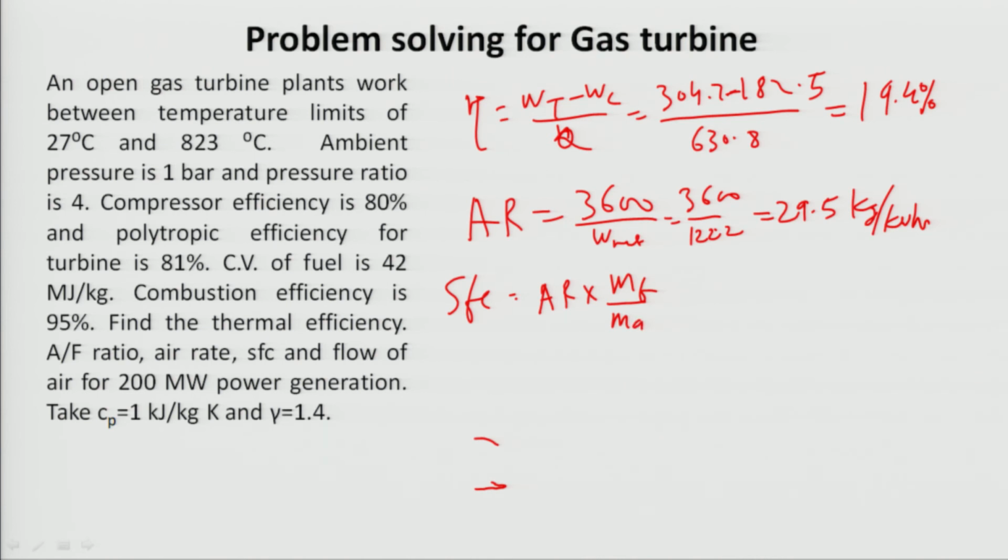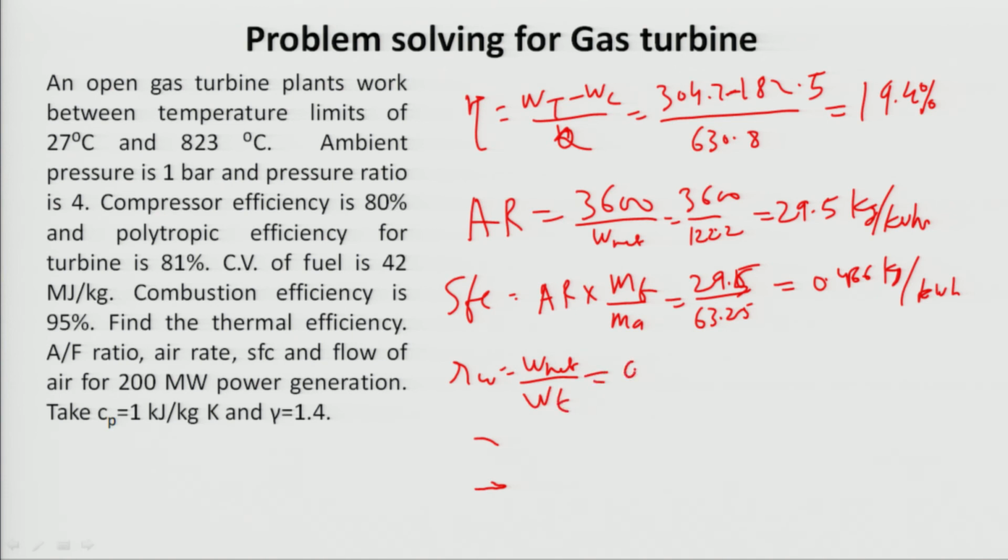It is going to be 29.5 divided by 63.25, and that comes to 0.466 kg per kilowatt hour. Work ratio, net work upon turbine work, comes as 0.4.